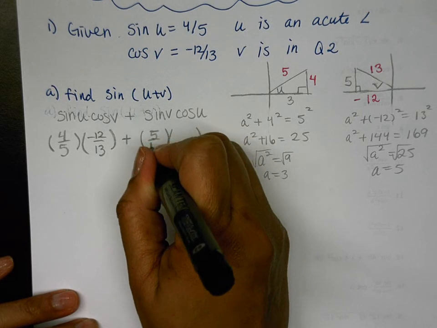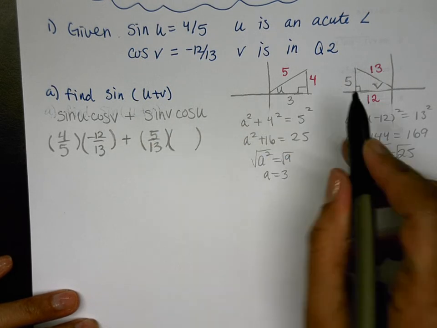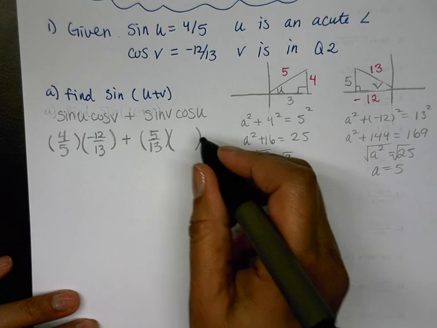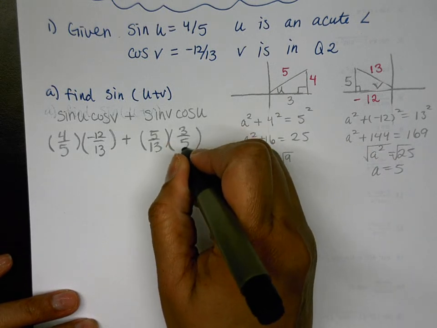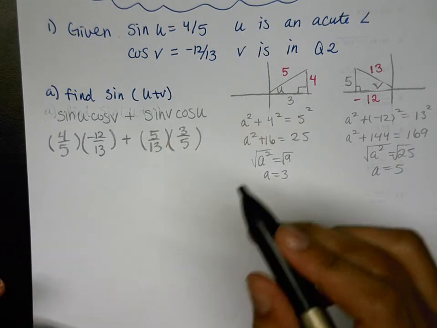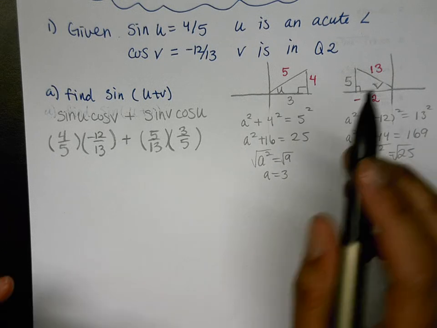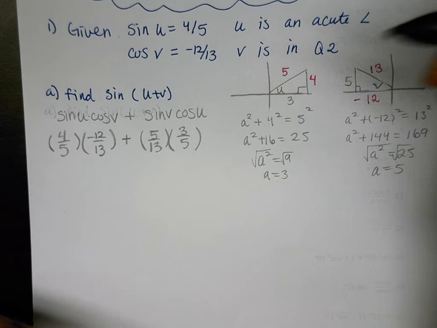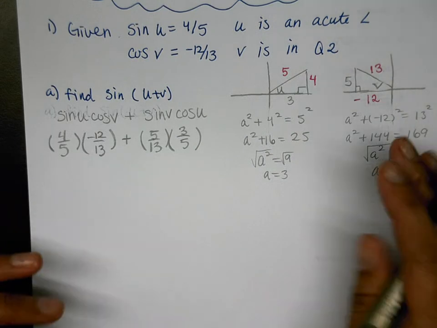And for cosine of u, 3 over 5. If you're not sure how we're getting these, guys, you do want to practice your SOHCAHTOA, opposite over adjacent, opposite over hypotenuse, adjacent over hypotenuse, and eventually opposite over adjacent when we have our tangent.